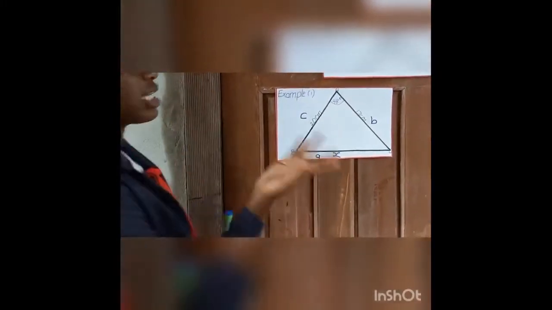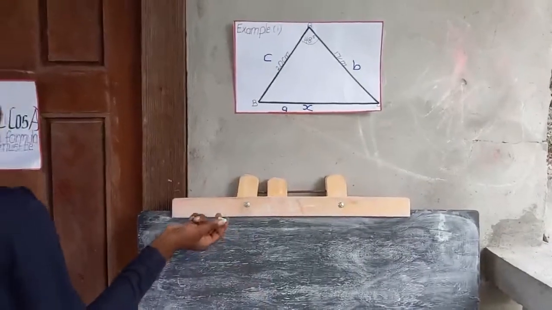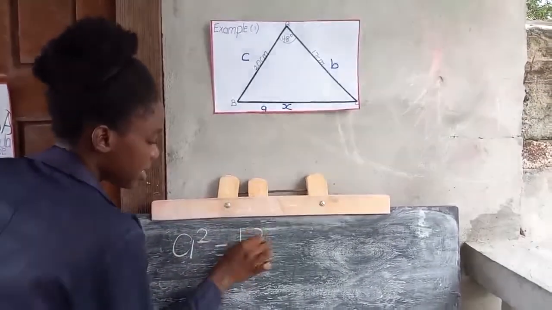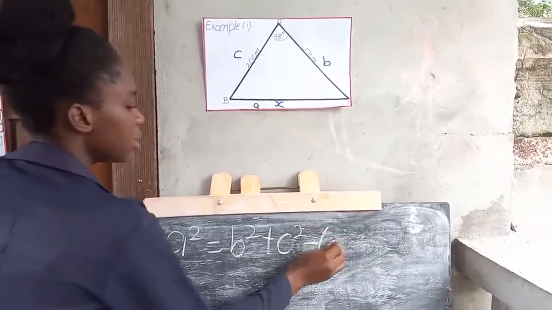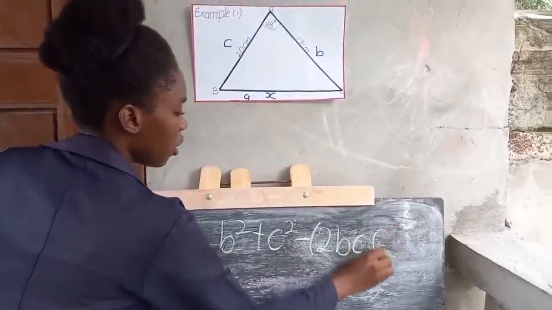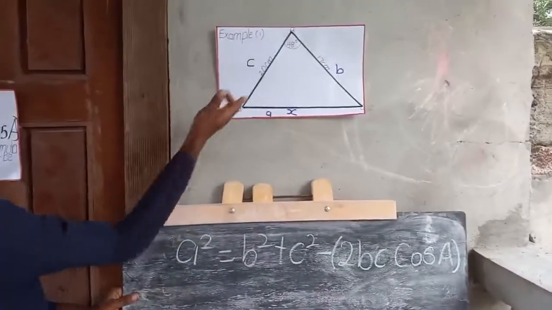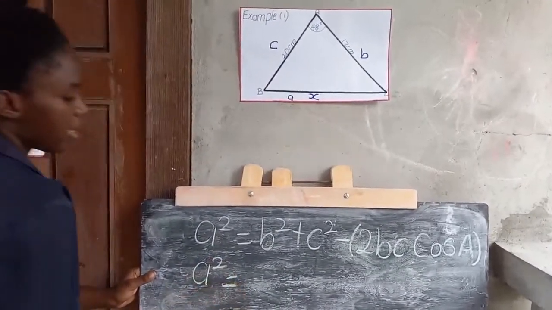Let's actually use our formula. Our formula is a squared equals b squared plus c squared minus open 2bc cos A. Looking at our triangle, we do not know what a is, so we write back our a squared.